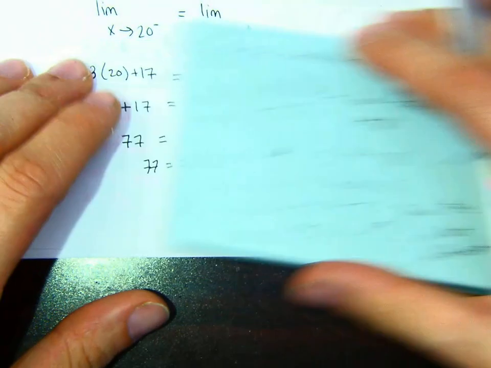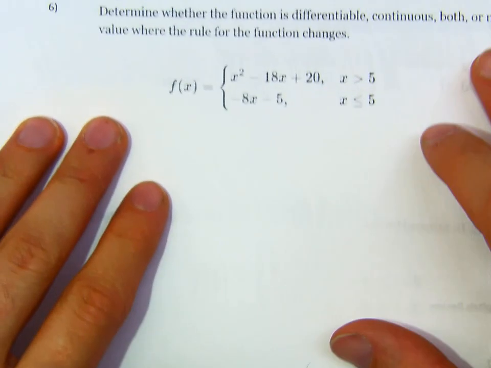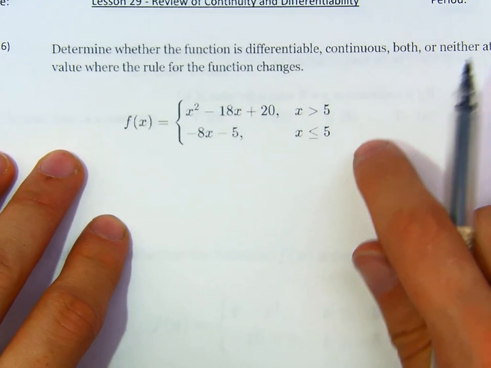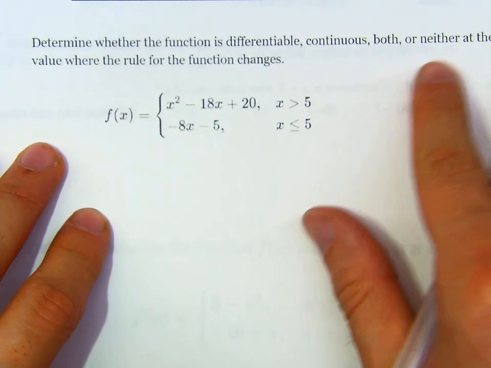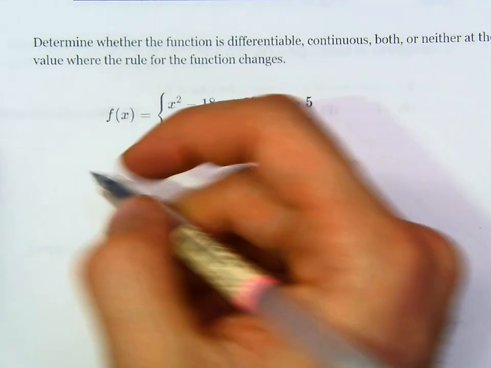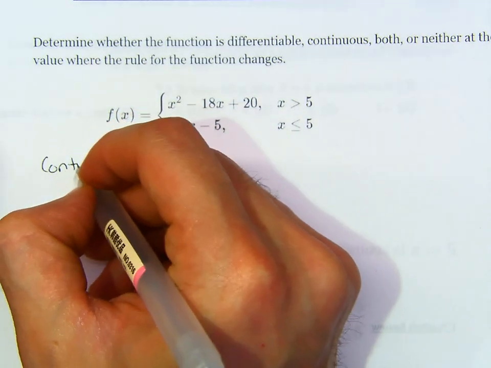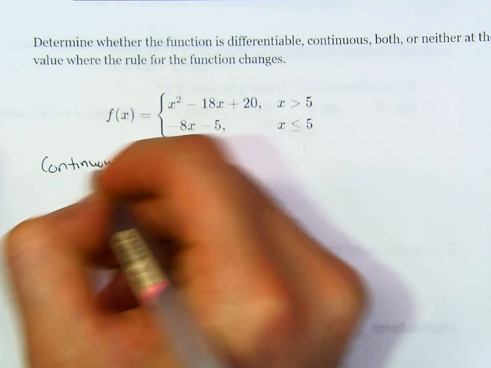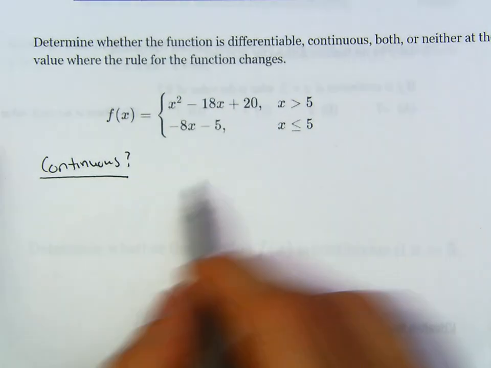Okay, why don't we try one more, and then we're done for today. Try this one. Is the function differentiable, continuous, both or neither? For this one here. Okay, so let's see. Continuous, question mark? So let's check for continuity.